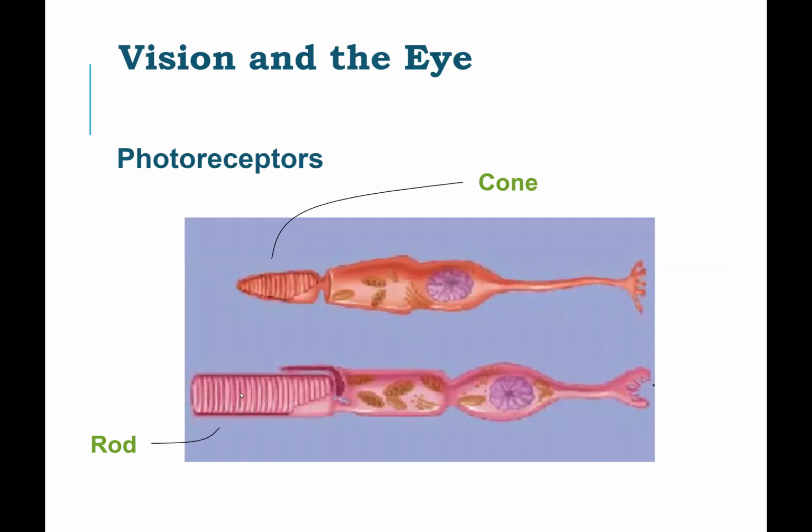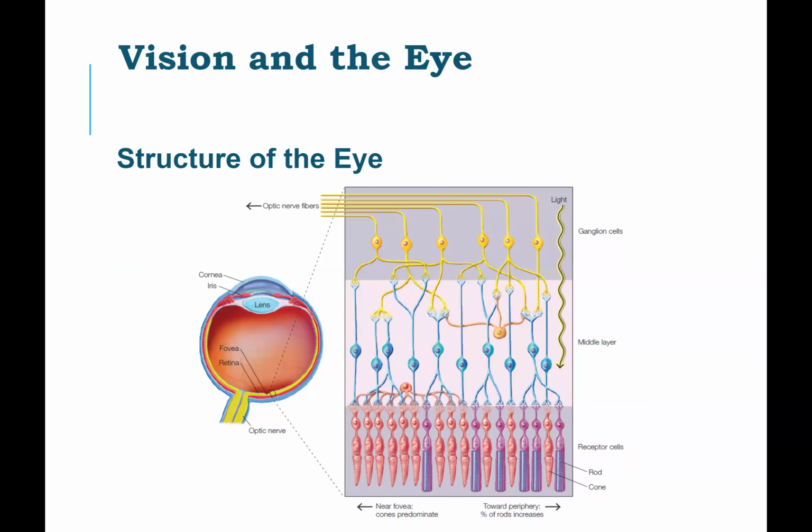So another thing about the eye that is very important is the distribution of photoreceptors. There are two types of photoreceptors in the eye, rods and cones, and their distribution is very different. When you move near the fovea, and the fovea is the point that we talked about, this is the point where your central vision is.